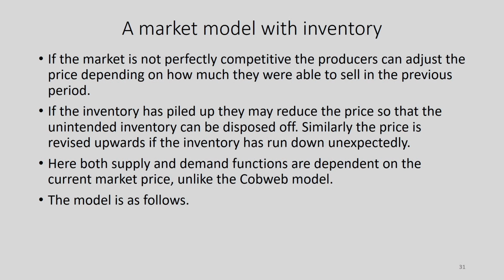So, if the stock is running down unexpectedly, then the producers might jack up the price, or if the inventory is piling up, then they might think that it is a good idea to give some incentive to the buyers to buy, in which case they might reduce the price. Here both demand and supply functions are dependent on the current market price, unlike the Cobweb model. So, there is no lag in the supply function as well as the demand function.